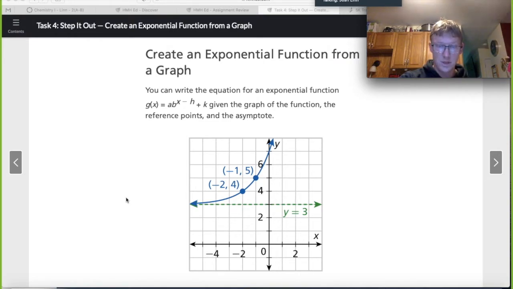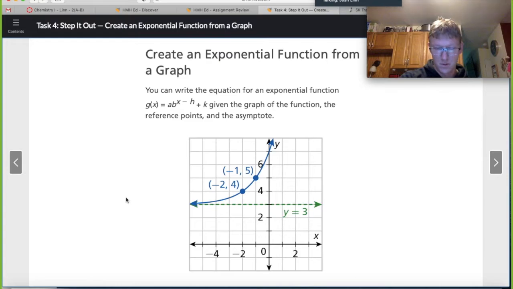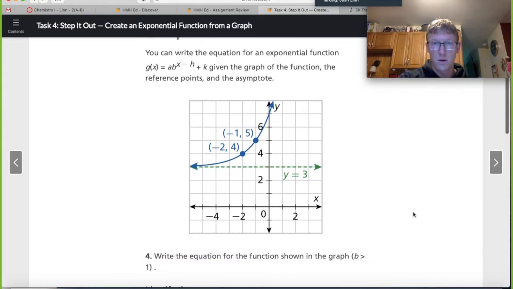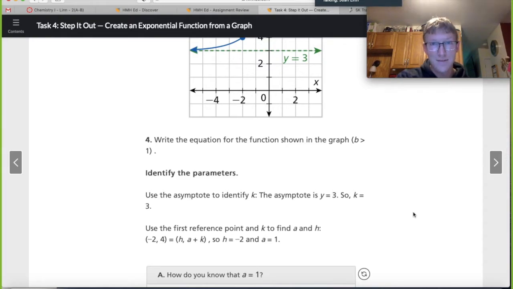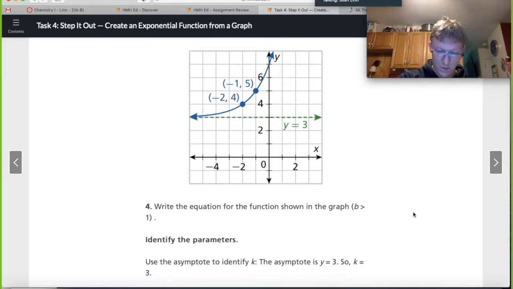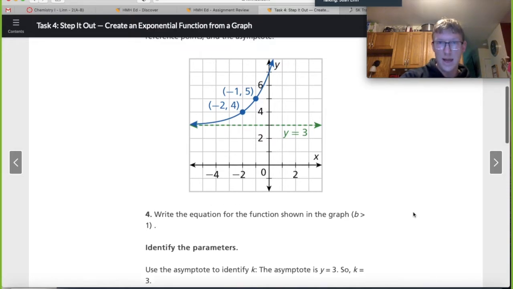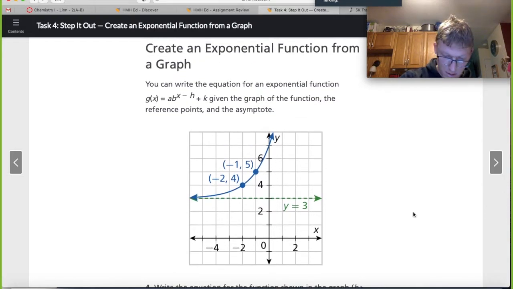So first step, I want to go in their order because I would start with the asymptote, but that's just me. Hey, look, use the asymptote to identify k. The asymptote is at y equals 3. So there's our asymptote. And so our k, this number right there, we already know is k equals 3.